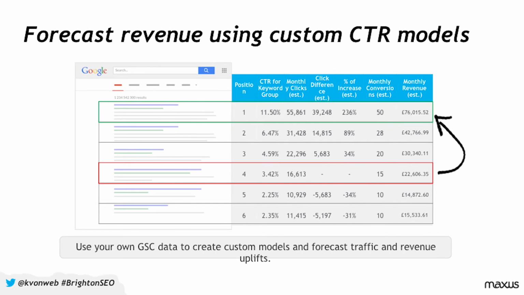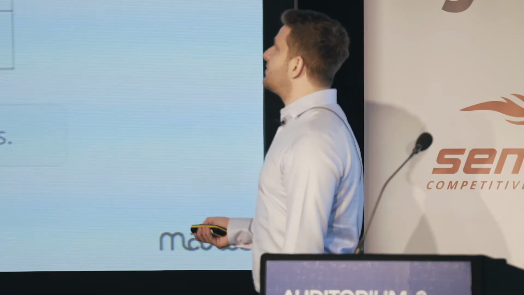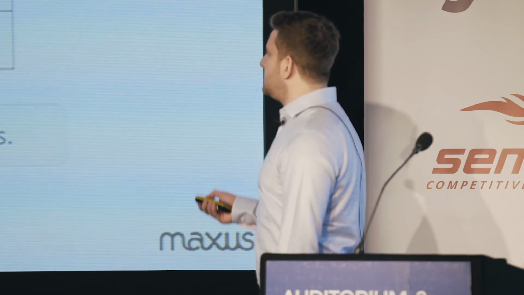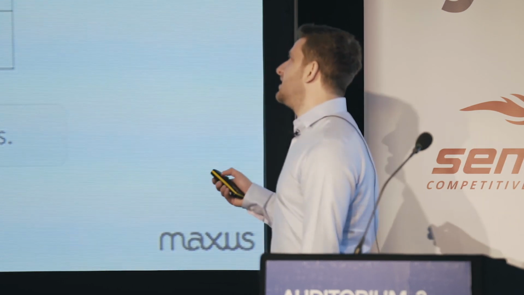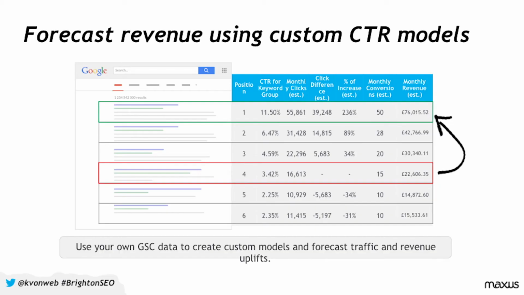We used the click-through rate for the keyword group, because it wasn't just a single keyword, it was a set of similar keywords, with the number of clicks, and then we looked at the current conversion rate, and we basically told the client, if you do those 4 changes, it's more likely that you'll jump between position 1 and 2, where you would double your monthly revenue.